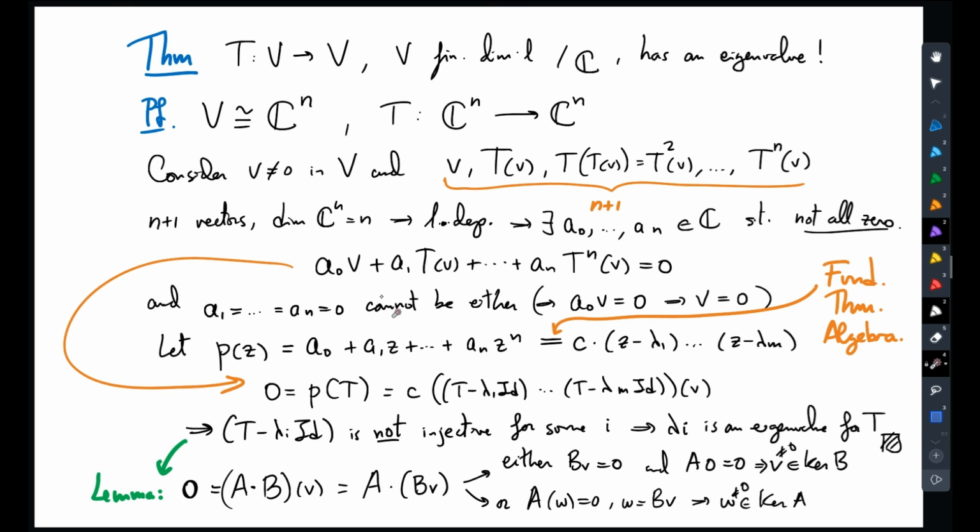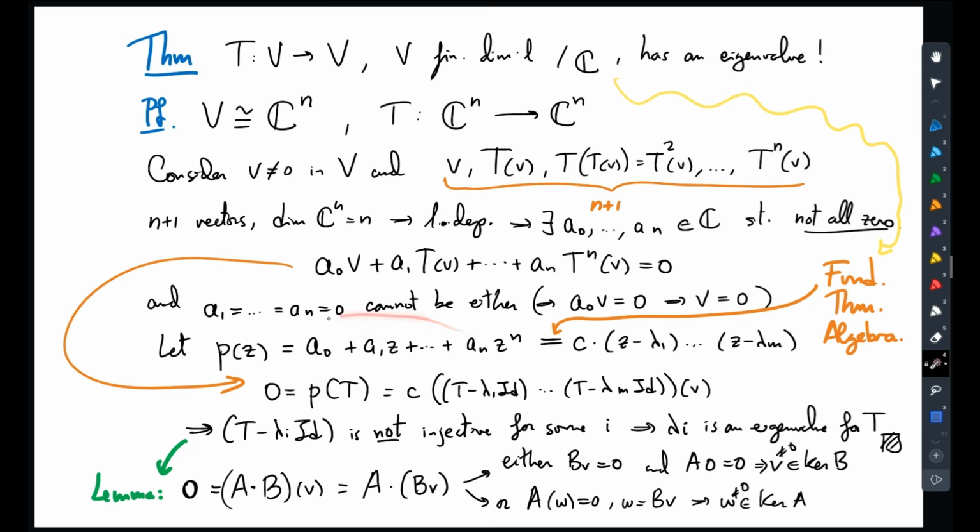Now, I'm going to make this into a polynomial, p(z) = a0 + a1 z + ... + an z^n, and I am working over the complex numbers. And the complex numbers, thankfully, is an algebraically closed field by none other than the fundamental theorem of algebra.